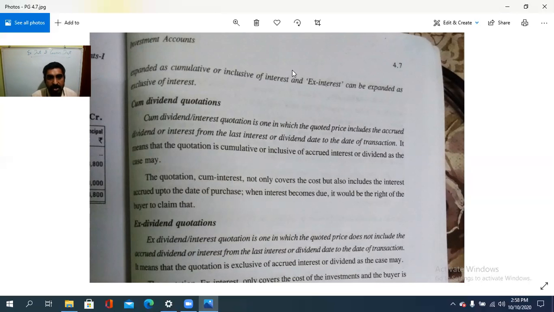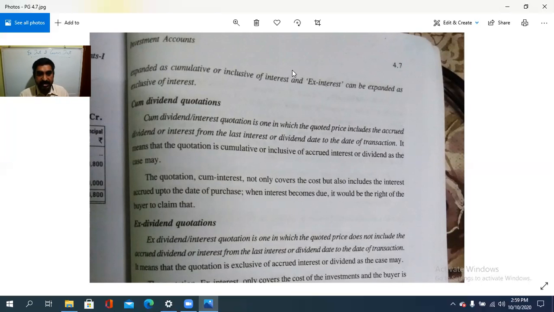It means that the quotation is cumulative, that is, inclusive of accrued interest or dividend as the case may be. So that is the cum-dividend, the quotation with the dividend. And ex-dividend means without the dividend quotation, that is, excluded.